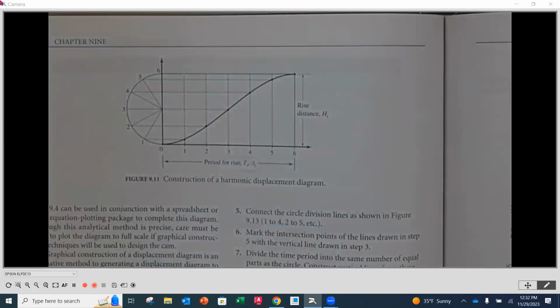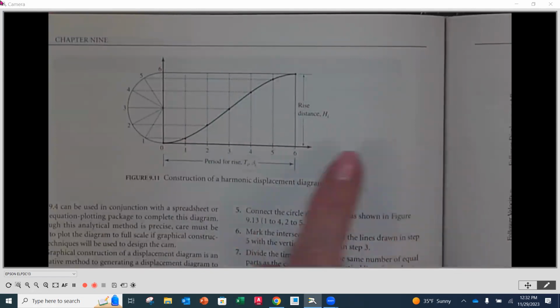As you determine how long your displacement diagram is going to be, a good place to start, I'm not saying it has to be this, but for instance, if your total rise is 2 inches, then the length that you want to make your full 360 degrees is about 3 times that. That's a good place to start.